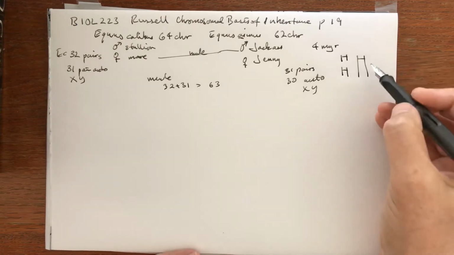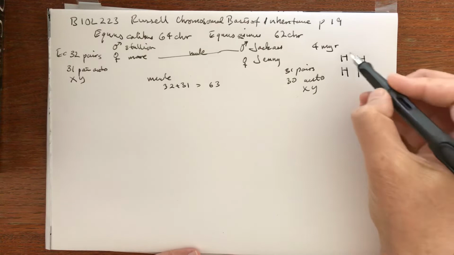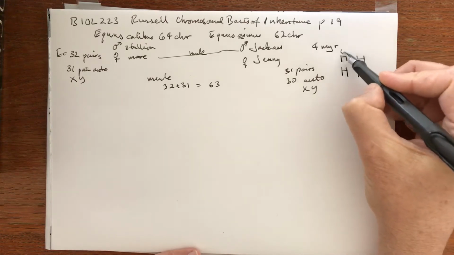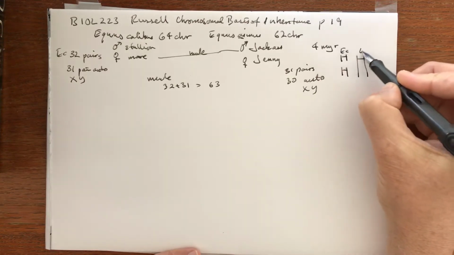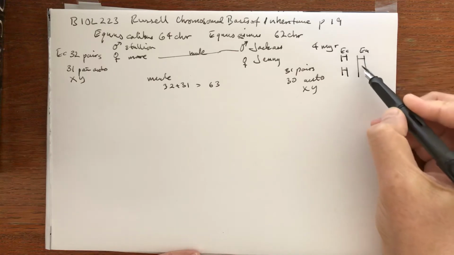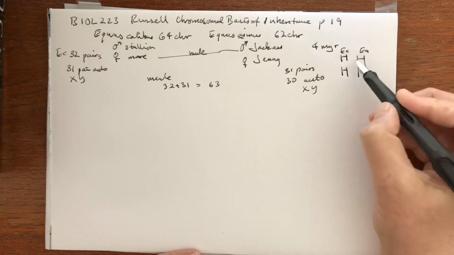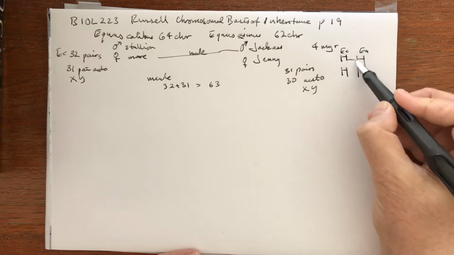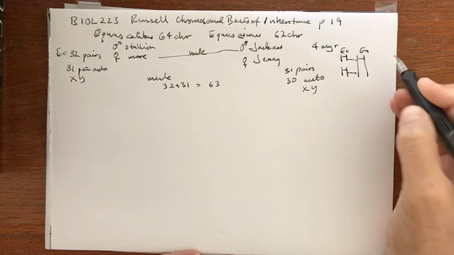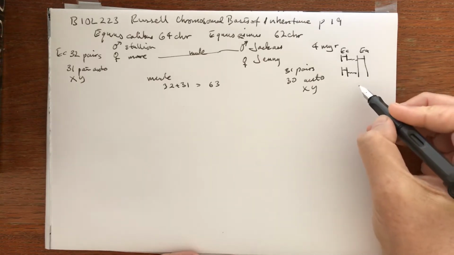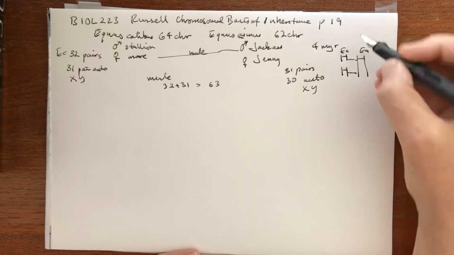So we expect that the homologous chromosomes from Equus caballus and Equus asinus are going to align, and there's going to be some sort of crossing over to align them during prophase of meiosis 1 in the mule, right?